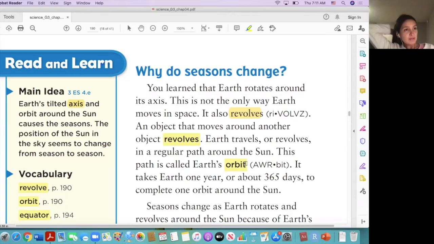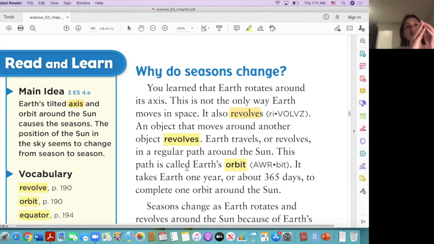Okay, so in the lesson before, we talked about the orbit, right? That it goes from the top of the Earth all the way to the bottom, like an invisible line, and how the Earth kind of turns around that invisible line. Well, now we are also talking about the orbit. It says the Earth travels or revolves in a regular path around the sun.